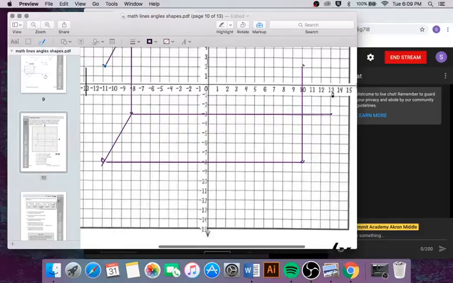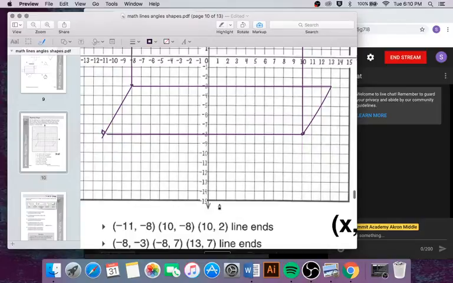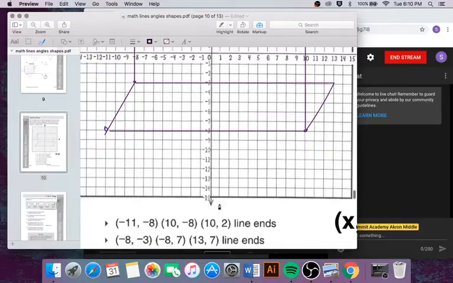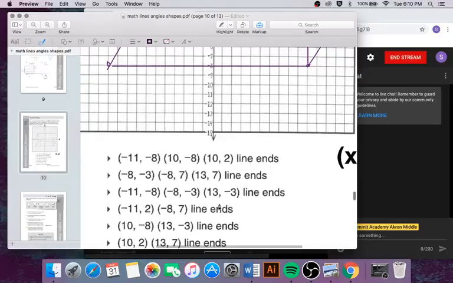We have a point there, so we're going to draw a line that connects these two.